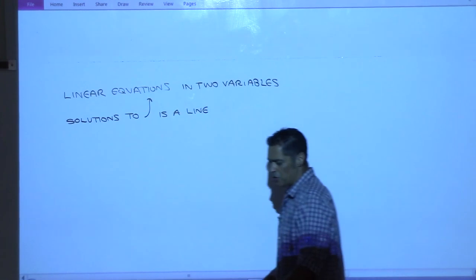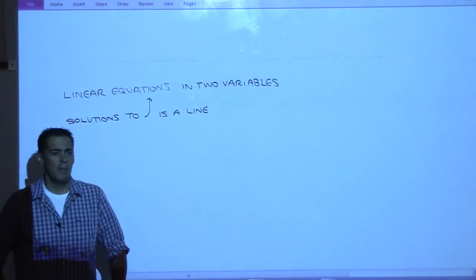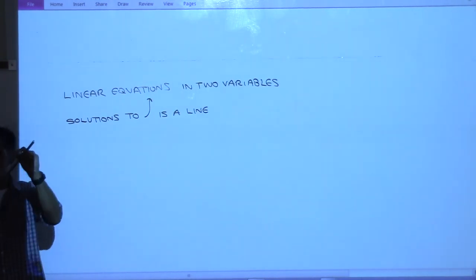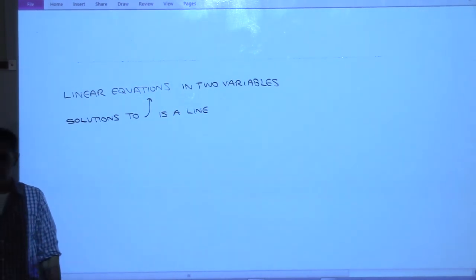Now, going back to what you know about lines, how many points do you need to draw a straight line? 2, right? That's the minimum that you need. If you have 2 points on a line, you can draw a line through them, right?